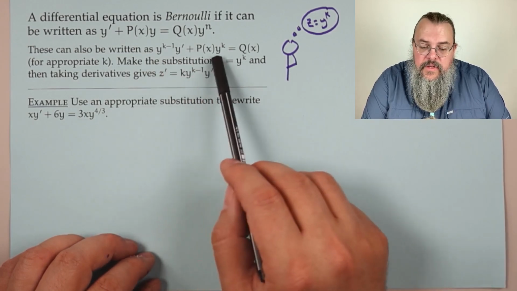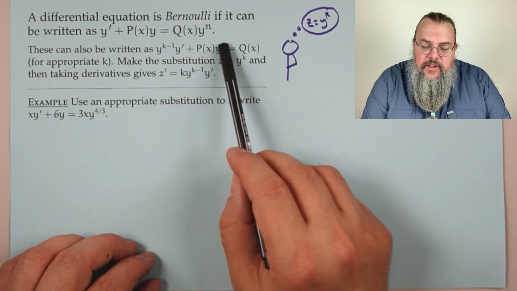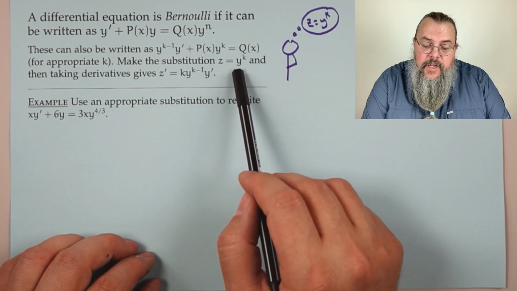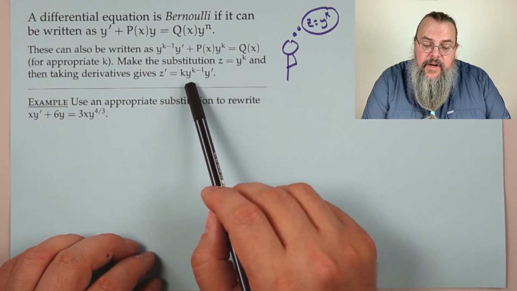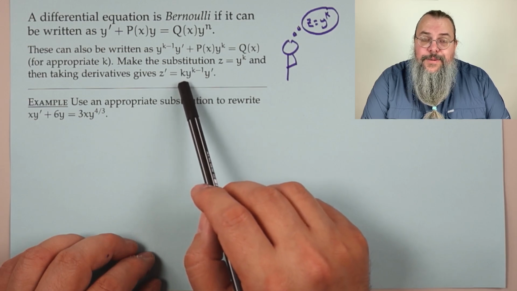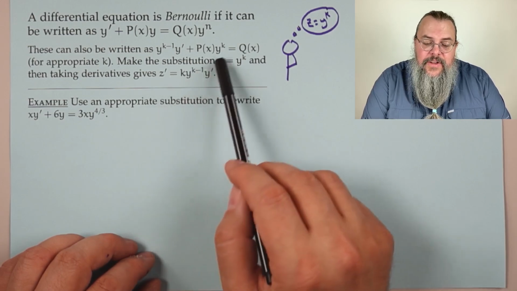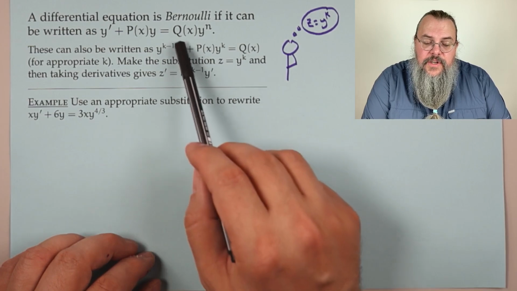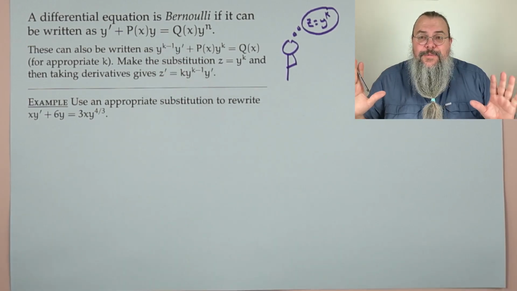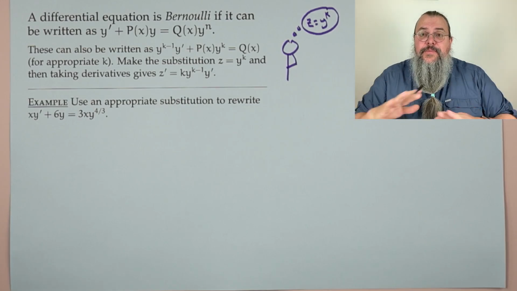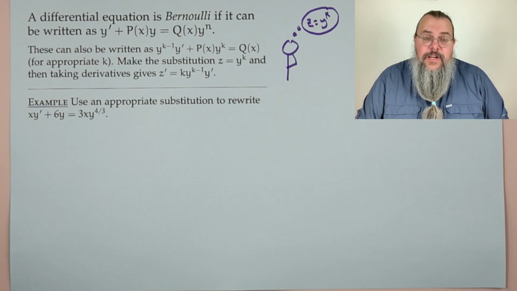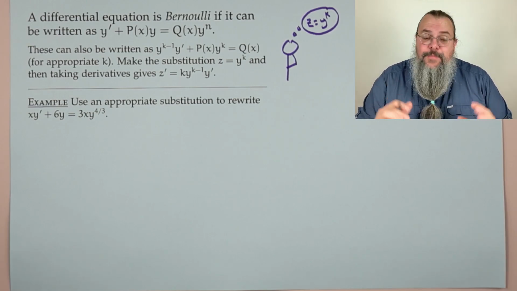When you see that, you say, oh, if I set z equal to y to the k, then the derivative of y to the k looks like y to the k minus 1 times y prime with an extra constant, but constants are easy to move around. So you say, oh, function, derivative, great, wonderful substitution. And so it's a very clean way to work. So here we go. Let's do an example.